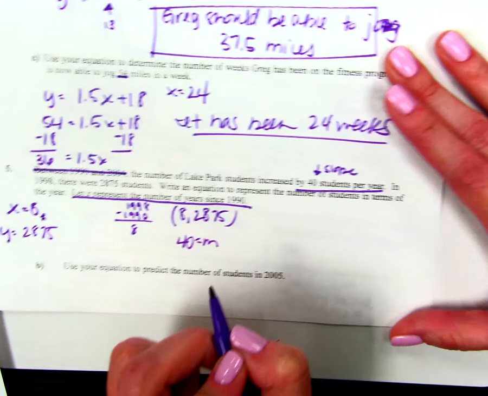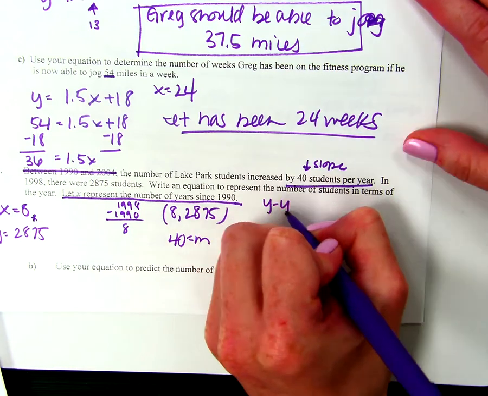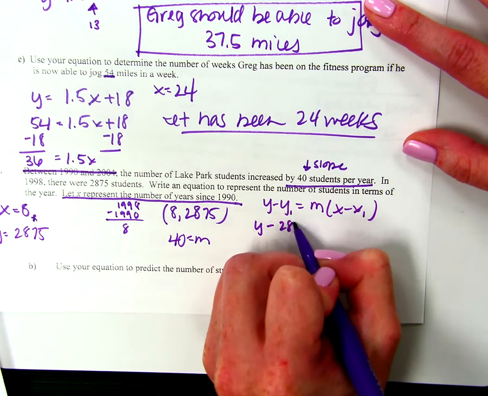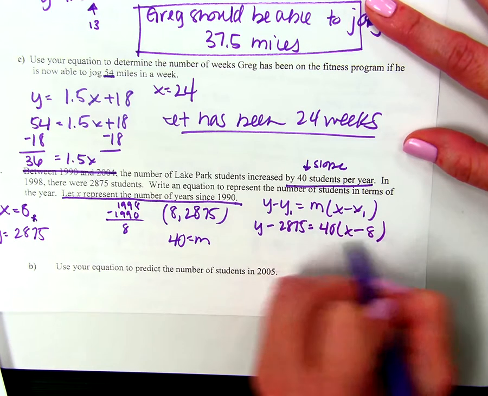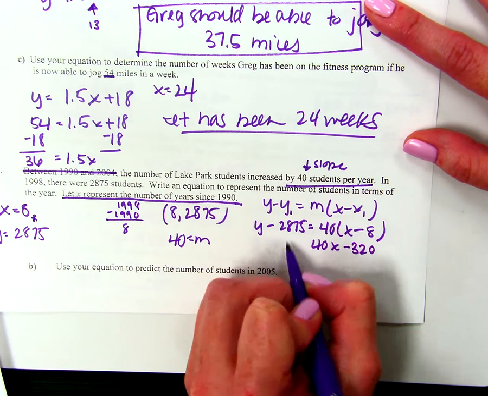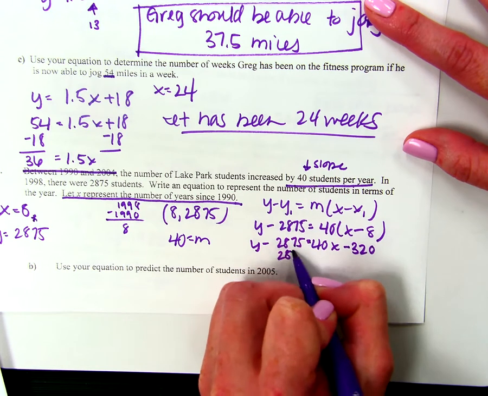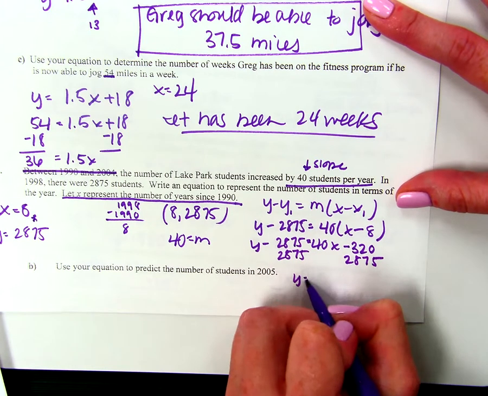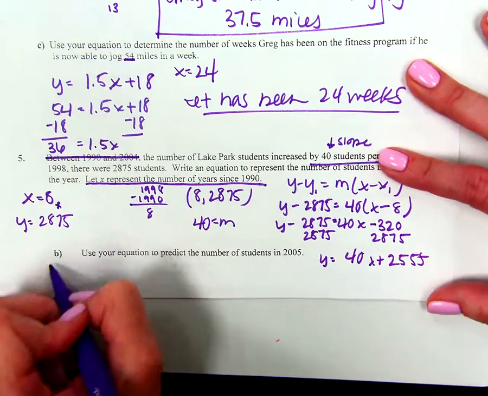So now I'm going to put that into y equals mx plus b form to get my equation. So I'm going to distribute. And then I'm going to add 2,875 to both sides. And I'm going to end up with y equals 40x plus 2,555. And then we can go over b together.